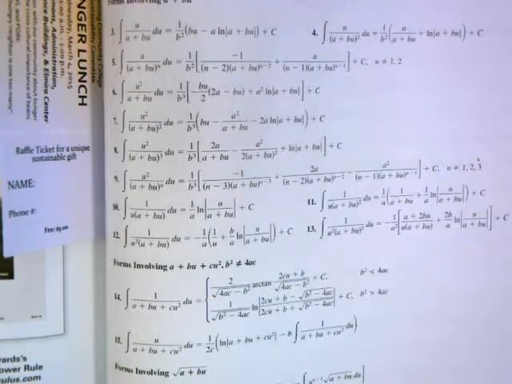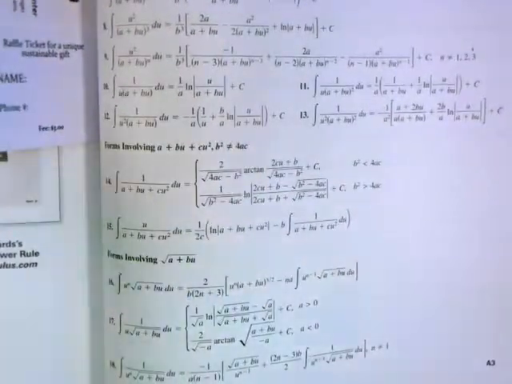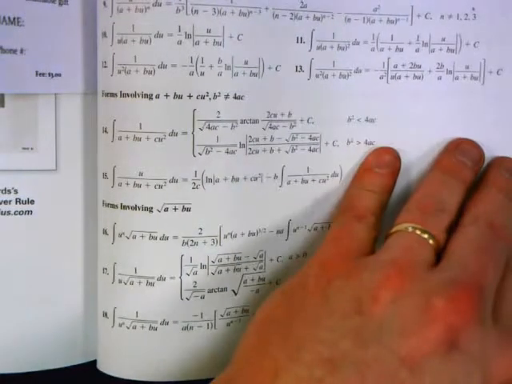Okay, so I flip back to my big chart of integrals. Let's see, it can't be any of those, right? Because it's going to have something with a square root in it. Look like any of those? No, I don't think so.